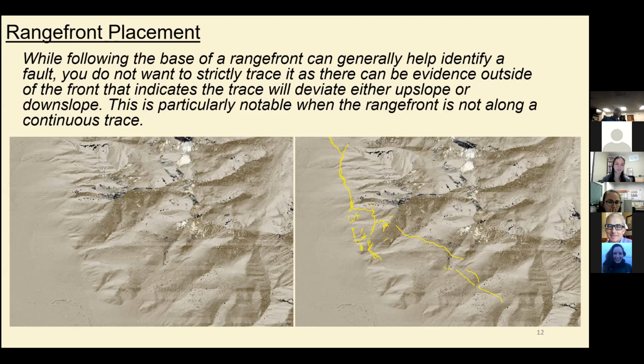This is a case, on the right side, where the fault actually ruptured. You can see that it does follow the range front, but then as the range front veers off and doesn't continue along strike, the rupture goes uphill a bit. So we just have to take a little extra care, especially when you're mapping in areas where there's a front or an over-steepened contact, that we're not strictly following it the whole way. Sometimes that is the case, like in the assignment that you guys did in Washoe City, where the range front and the fault strike were quite similar, but there are going to be cases where it will deviate quite a bit.